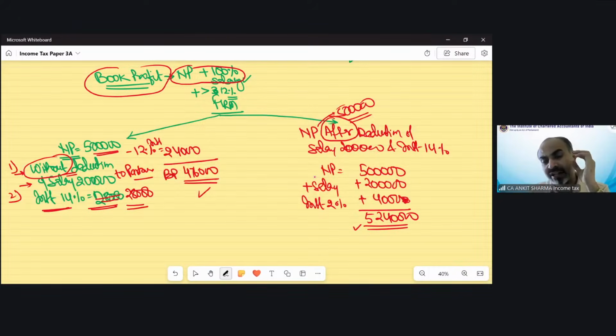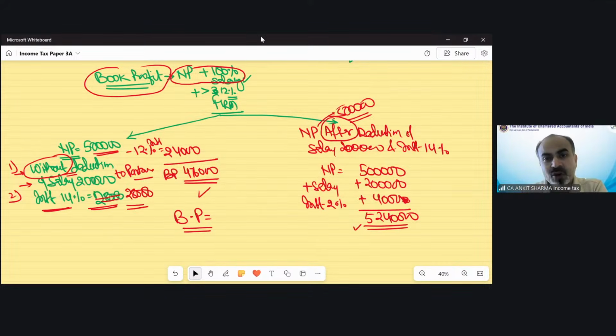And if you actually understand the logic of book profit, that if I need to find a book profit, it should be a profit which is without the deduction of salary to partner at all, and after allowing only 12% deduction of interest to partners.